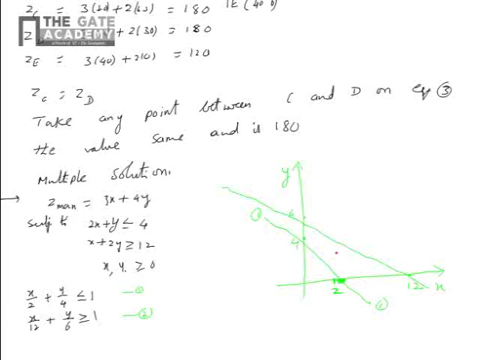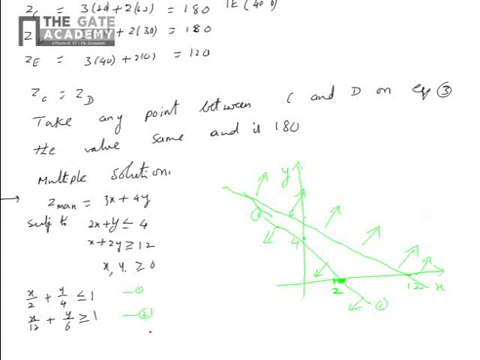So the first equation is less than or equal to, towards the origin, and the second equation is greater than or equal to, so they are away from the origin. So there is no solution space which has positive values in the first quadrant.